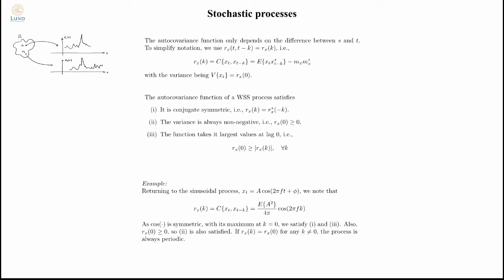So the autocovariance function of a stochastic process which is wide sense stationary will only depend on the difference between t and s. So typically what we do is we write it as t and t minus k, and then we will just replace the notation. So we just say k here, as the lag, the time difference between the two. You will see that many books will use time t plus k and time t minus k, and this is just an unfortunate notational confusion in the literature, that both of those are occurring equally frequently.